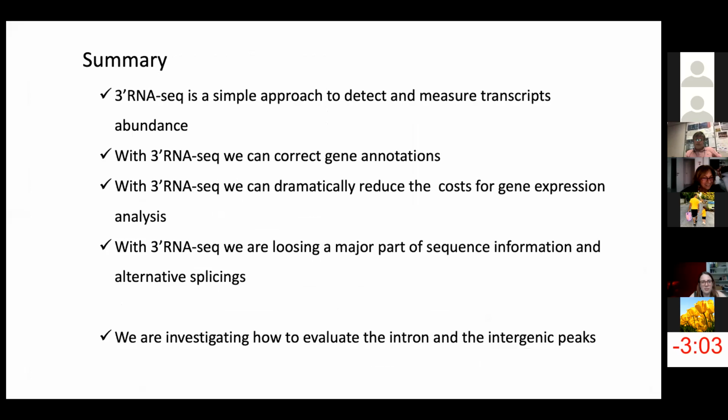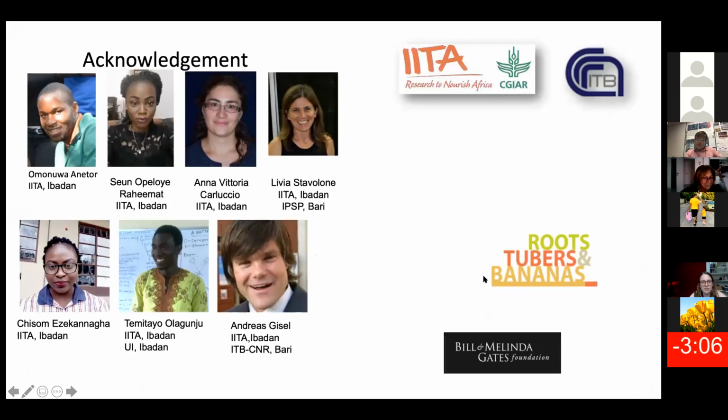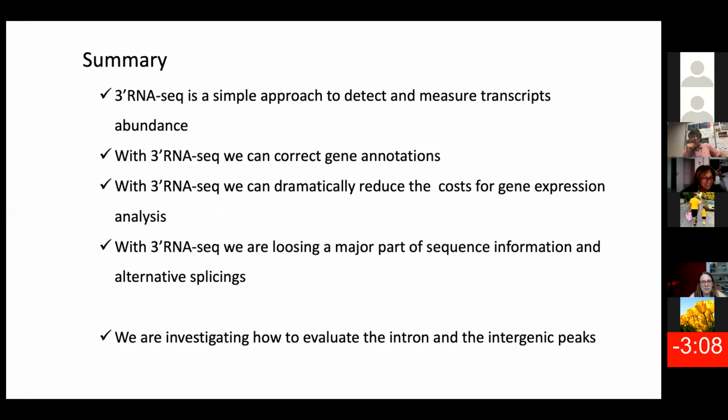As a summary, it seems a quite simple approach, the 3' tag RNA sequencing for detecting abundance. We see that we have a possibility to correct the gene annotation in cassava, and I guess also in other organisms. We can dramatically, and dramatically means 10 times and even more, reduce the cost for gene expression analysis. However, we lose information on sequences and also on alternative splicing.